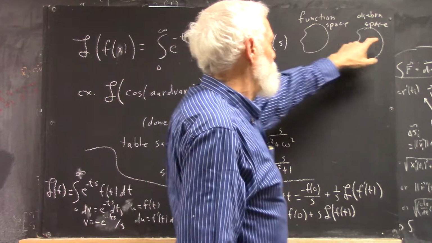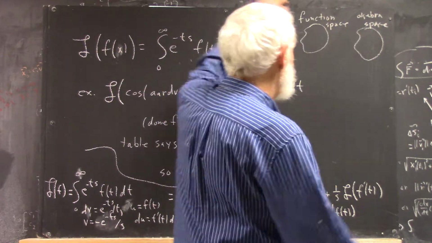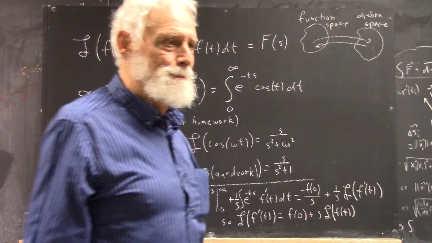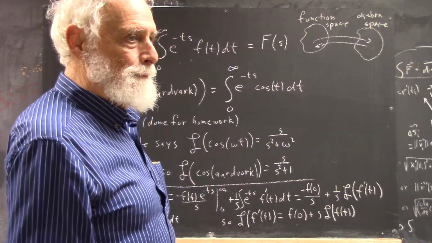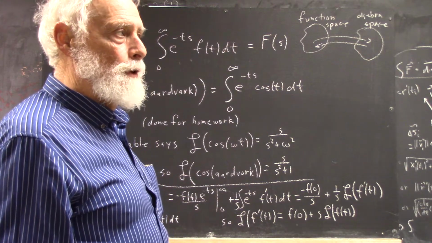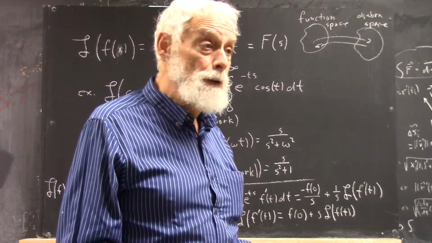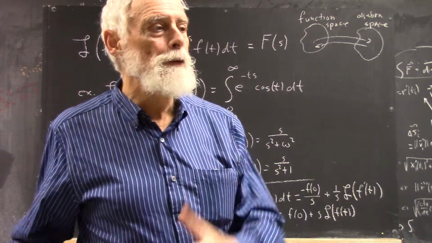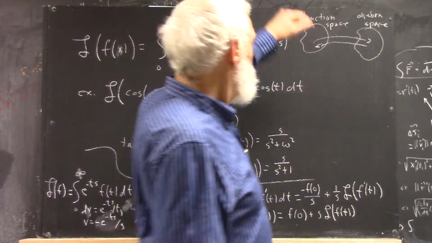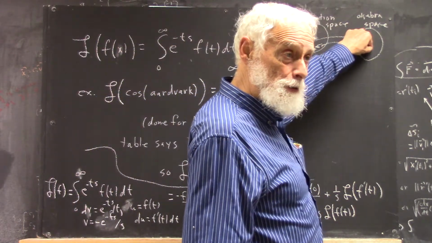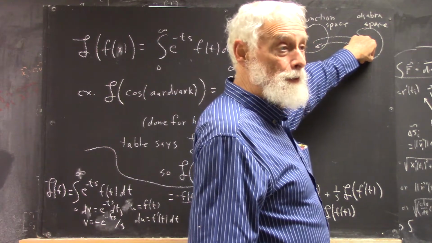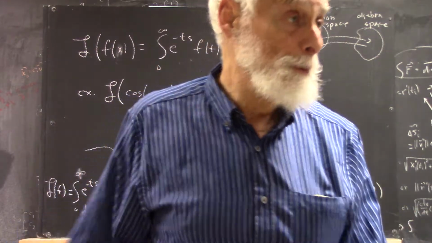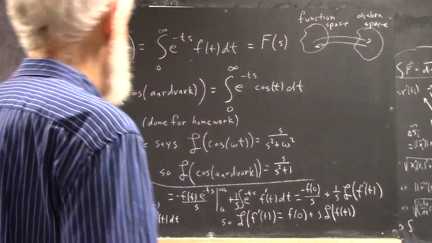You transform a function space to an algebra space, and then you can transform back. Okay? Do you get the same function? Yeah, you would get the same function. Okay? But if you're transforming a differential equation, you take the whole differential equation from function space to algebra space, get the solution, and then take that solution and transform it back to function space and get the function that solves your equation. Okay? And that's an overview.